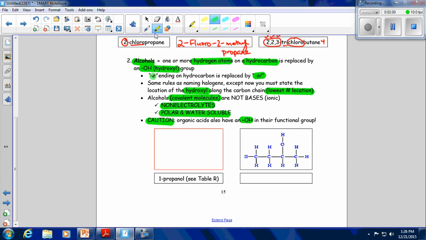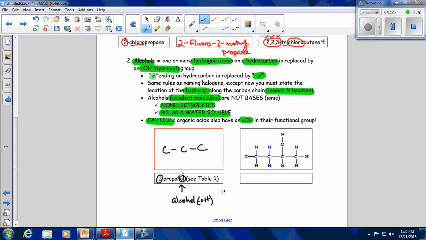Okay, let's take a look at our first example that's provided for us. We have 1-propanol. All right, the OL right there tells us that we are dealing with an alcohol. So within this chain, we need to have an OH group. First thing first, let's get our longest possible parent chain.